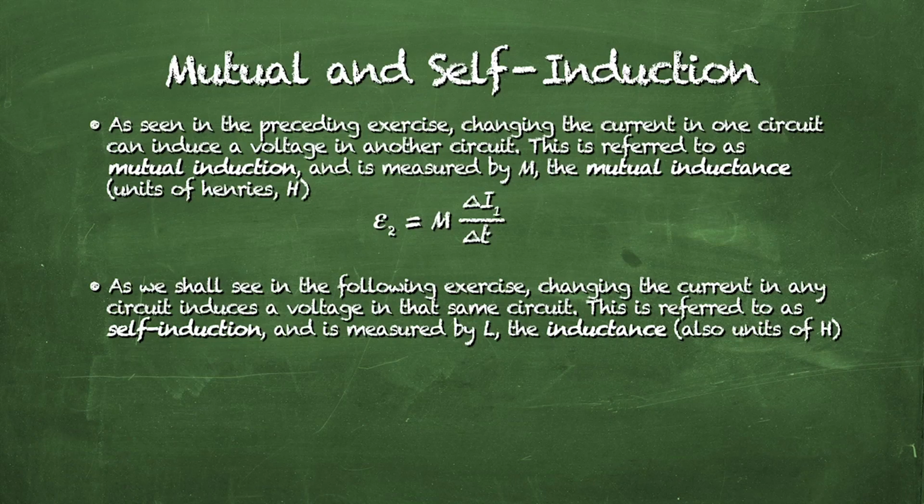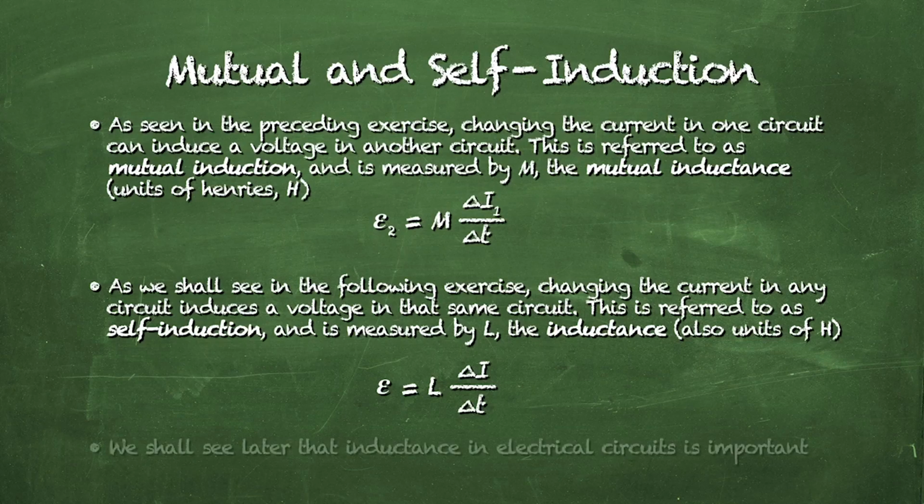And the equation in which the inductance appears is that the electromotive force in a circuit is equal to the self-inductance times the change in the current in that same circuit divided by change in time. And we'll see later when we talk about electrical circuits that inductance is a very important property of electrical circuits.